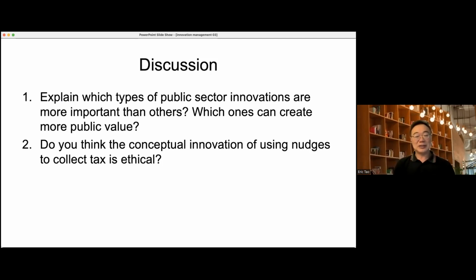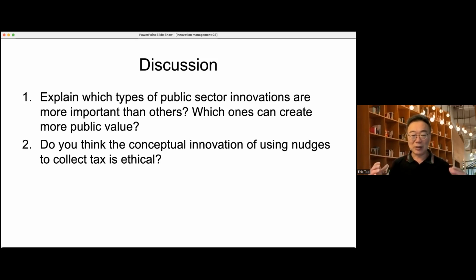So for this chapter, I want you to think about and discuss these two problems. First, after you listen to the lecture and review the textbook, explain which type of public sector innovation is more important than others. There are different types, right? Which one is more important from your point of view?